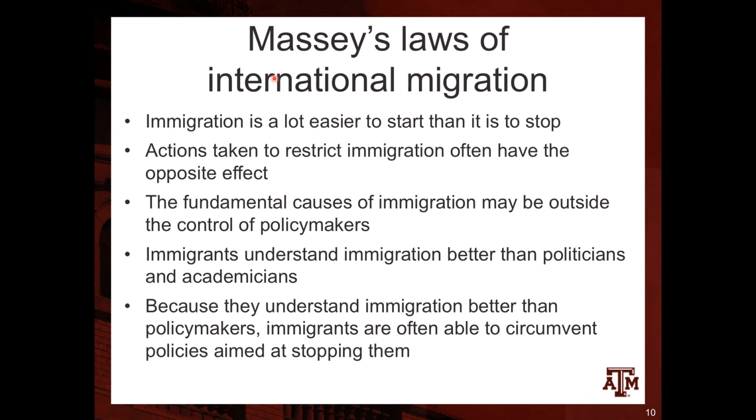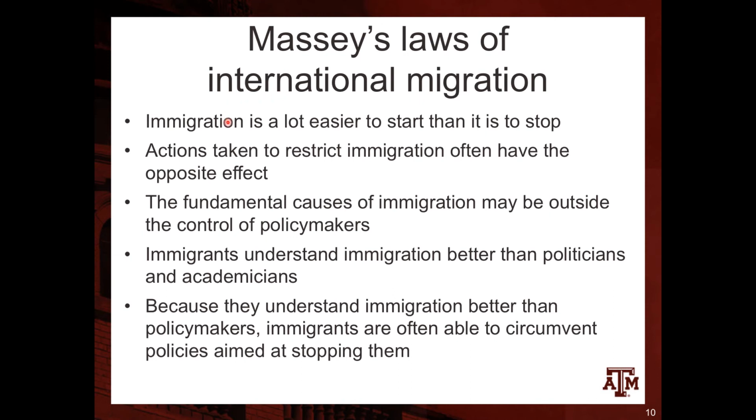Douglas Massey is a professor at Princeton University, and he's the best-known demographer who does studies about international migration in the US, and he elaborated some major laws of international migration. We already talked about him in the chapter about theories of migration early in this course, in which he summarizes a series of migration theories that try to explain the reasons why people migrate and the reasons why migration keeps happening.